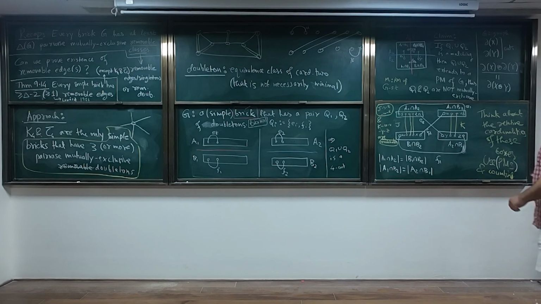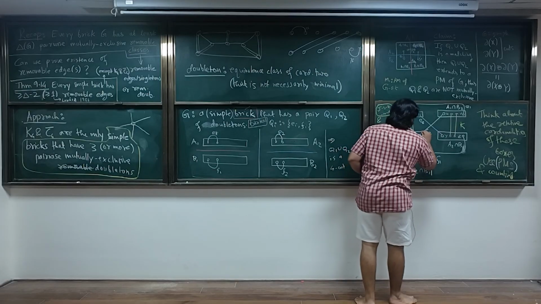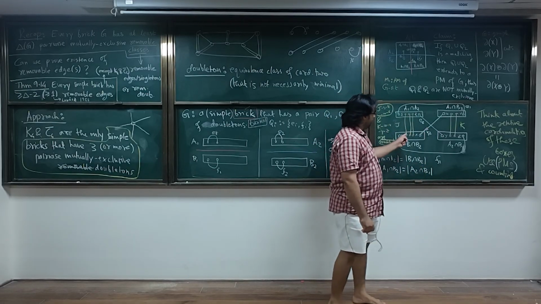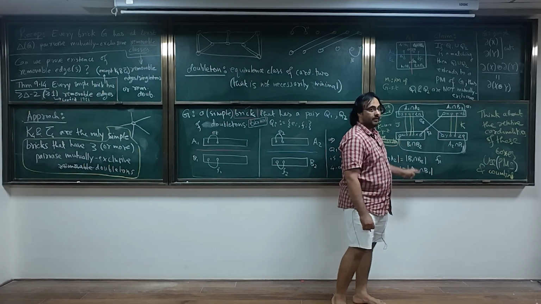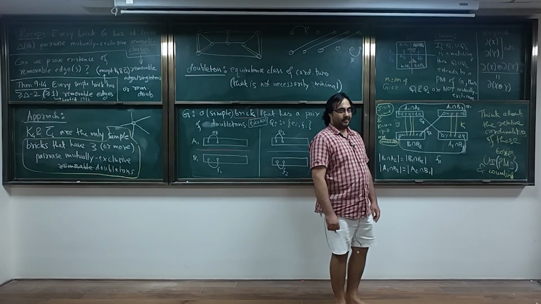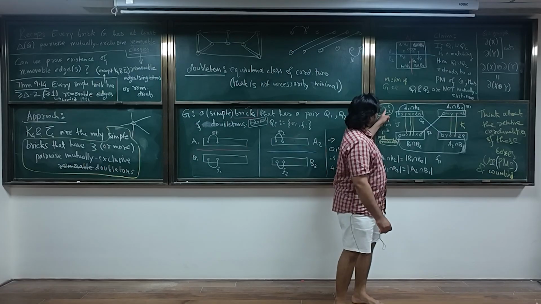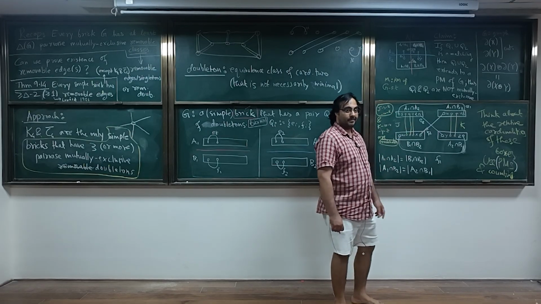So in this perfect matching of this graph, we must use F1 and we must use F2. Observe that these three vertices are indeed matched to three vertices here. Therefore, J minus S minus T minus W minus X has a perfect matching.